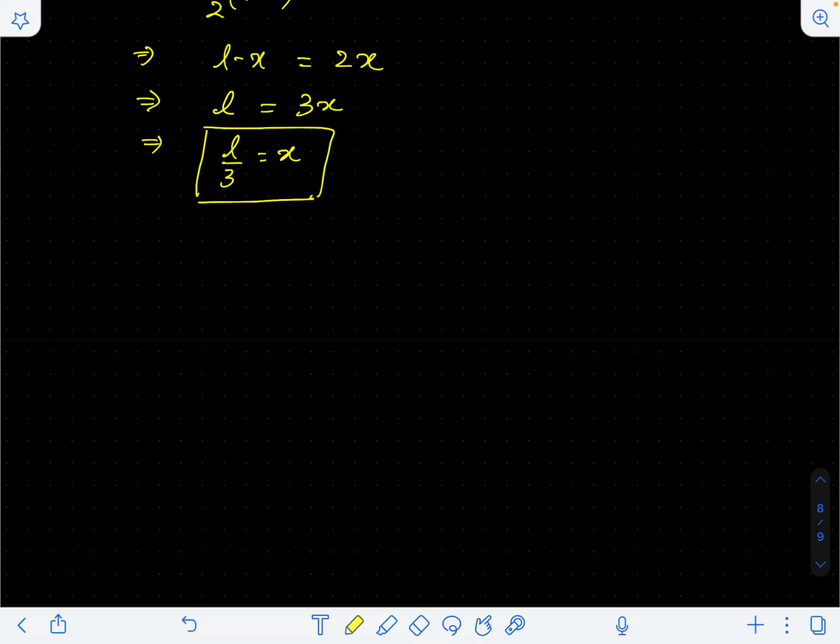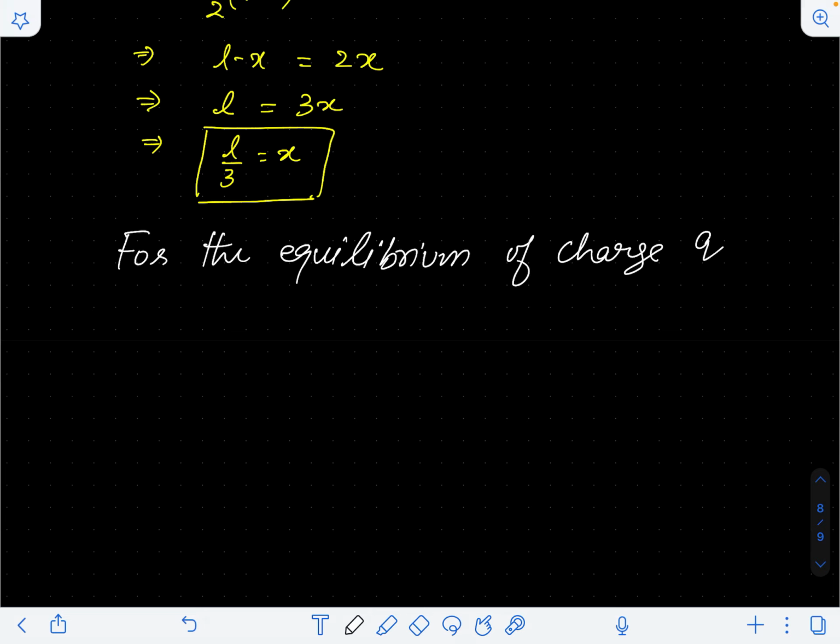For the equilibrium of charge q, the force on charge 1 due to 3 must equal the force on 1 due to 2.